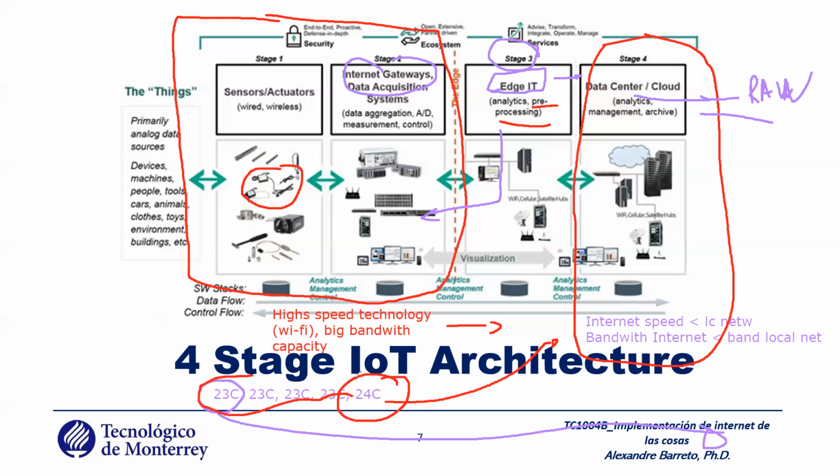But if you have the edge, you can send the first and the 50 when some change happens. Following this approach, you can save a lot of bandwidth. Did you understand why?